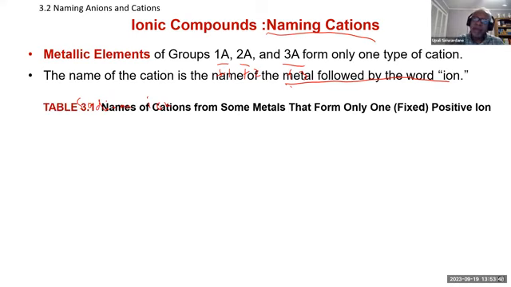The name of the cation for the same metal. The charge is fixed. These 1A, 2A, 3A have fixed charges. 1A always has positive 1. 2A has positive 2. 3A has positive 3.